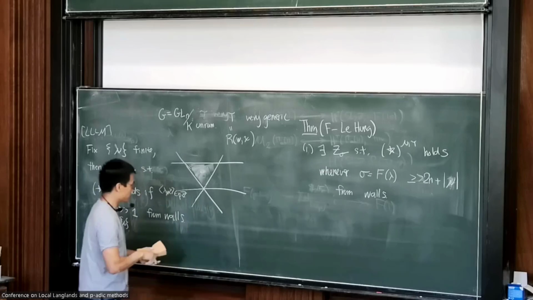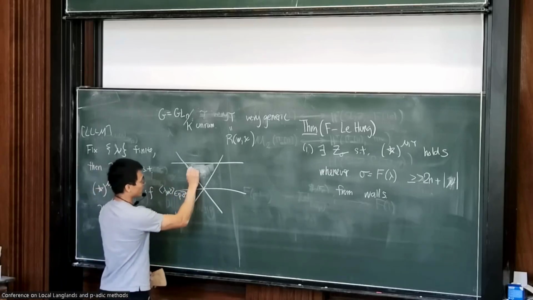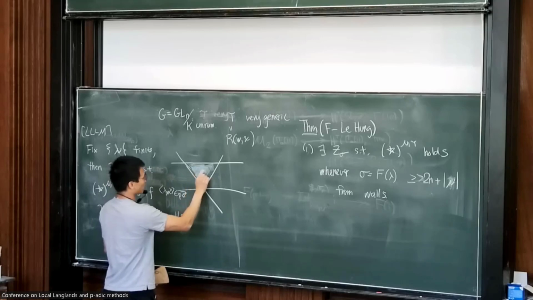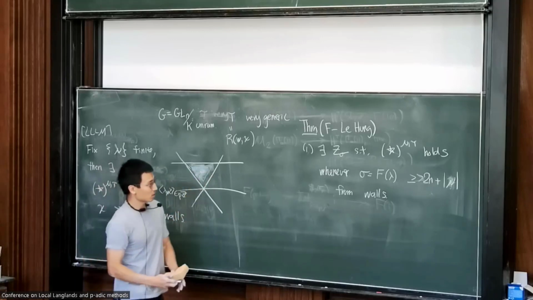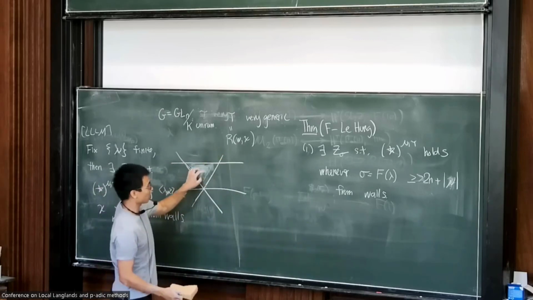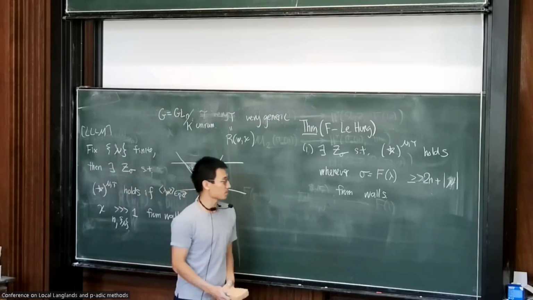So it's telling you that there is a region here where we know that all the experiments where your type chi is in here will hold, for example.